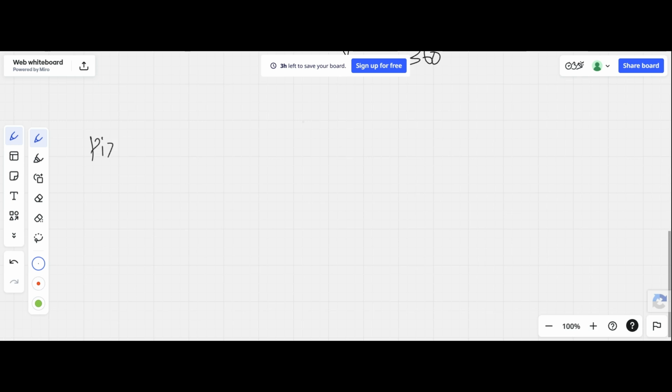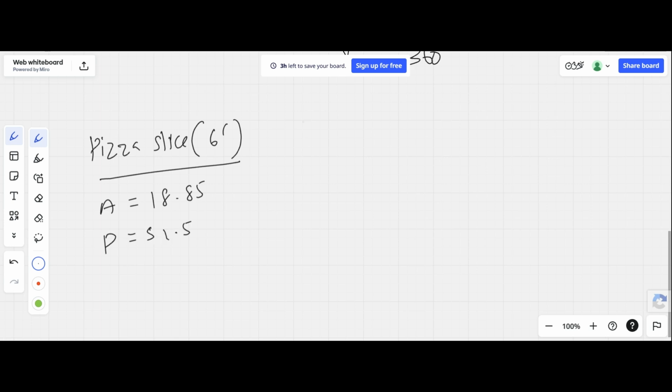We'll write pizza slice, 6 inches. The 6-inch slice, its area is 18.85. The price is $1.5. So let's say $1.5 divided by 18.85 square inches.